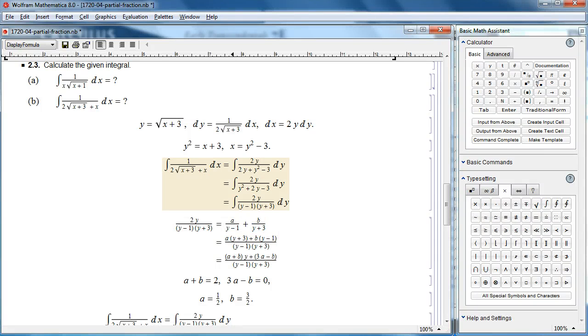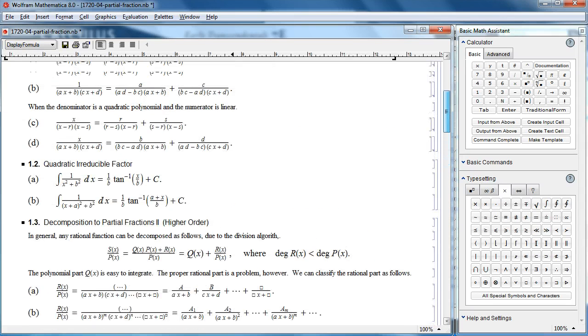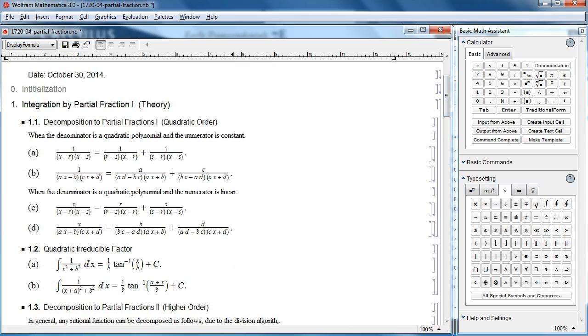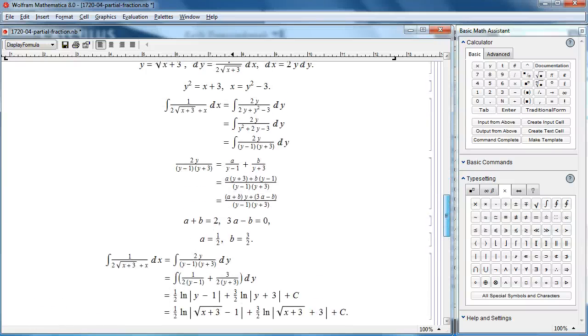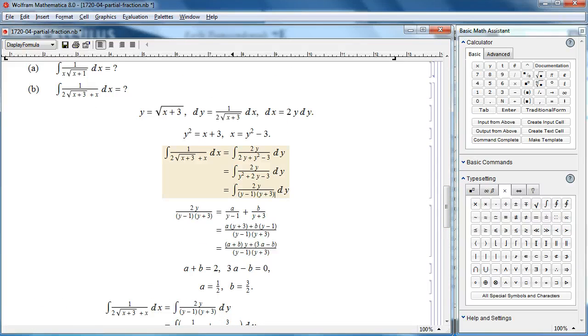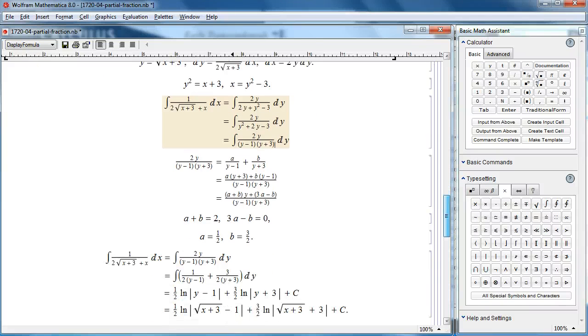You can use the shortcut method over here, this one, and then what is A, B, and C, and D, and then put those in, and you'll be able to find out the decomposition by partial fraction much more easily here. Yeah, this is really tedious. The shortcut is better. In the end, you're gonna get something like that.